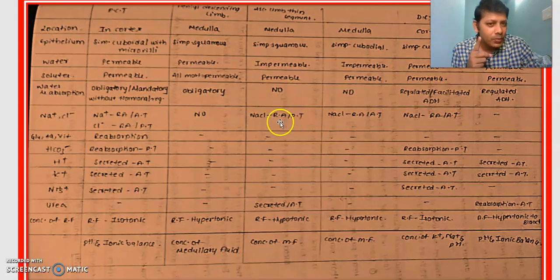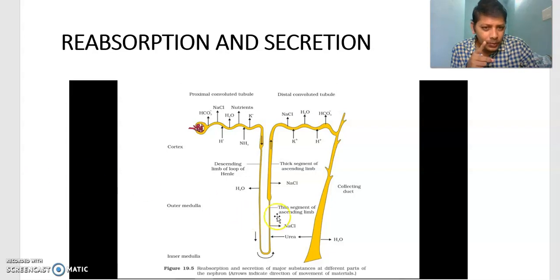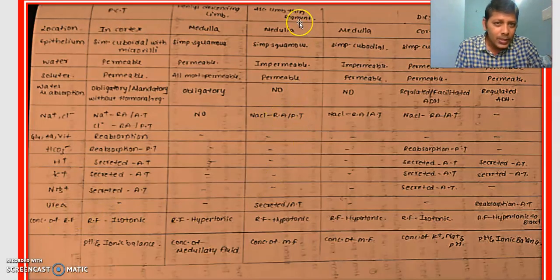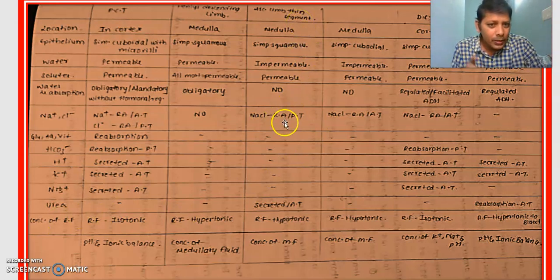NaCl is reabsorbed here by passive transport. That is the difference between the thin and thick segment with respect to NaCl reabsorption: in the thin segment NaCl is reabsorbed without expenditure of energy, passive transport, while in the thick segment it is active.